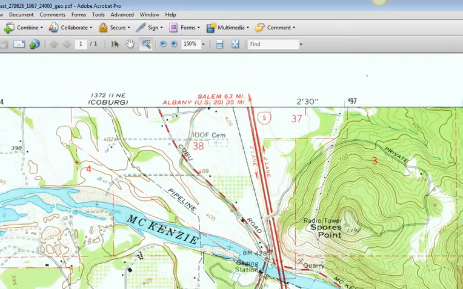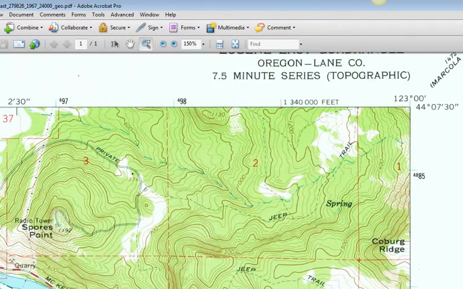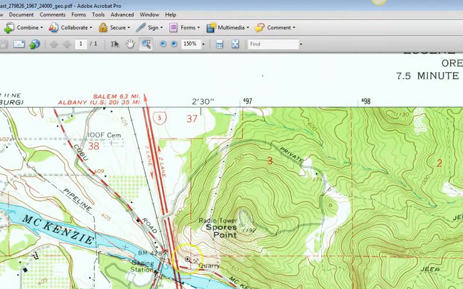So the location for this section, or the identification, would be section 2, Township 17 South, range 3 west, and you'd have to put the Willamette Meridian, and I will always give you which meridian because it's not on the topographic map. Again, one of those things that they assume that you know. If I wanted to identify the location of Spores Point, it would be section 3, Township 17 South, range 3 west.